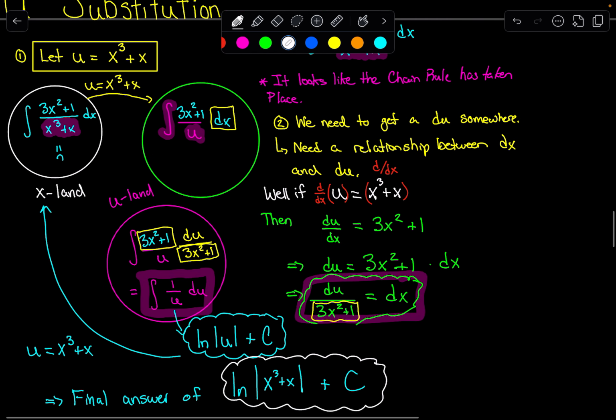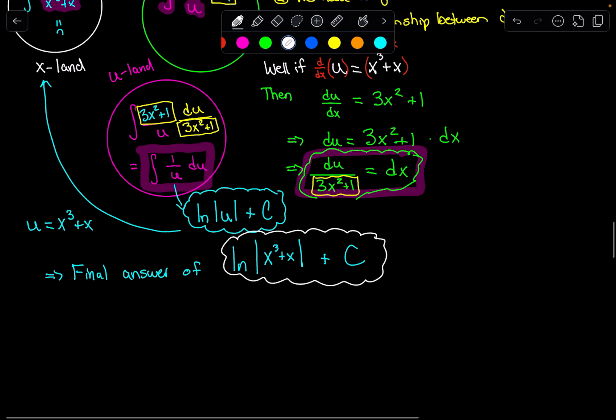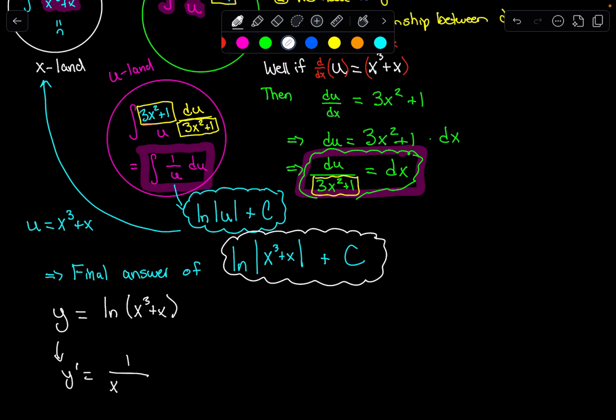And usually at this point, people have one slight caveat, which is that in the example I started with, I had originally given us the natural log of x cubed plus x, right? And I said, let's take the derivative, and the derivative was 1 over x cubed plus x times 3x squared plus 1.